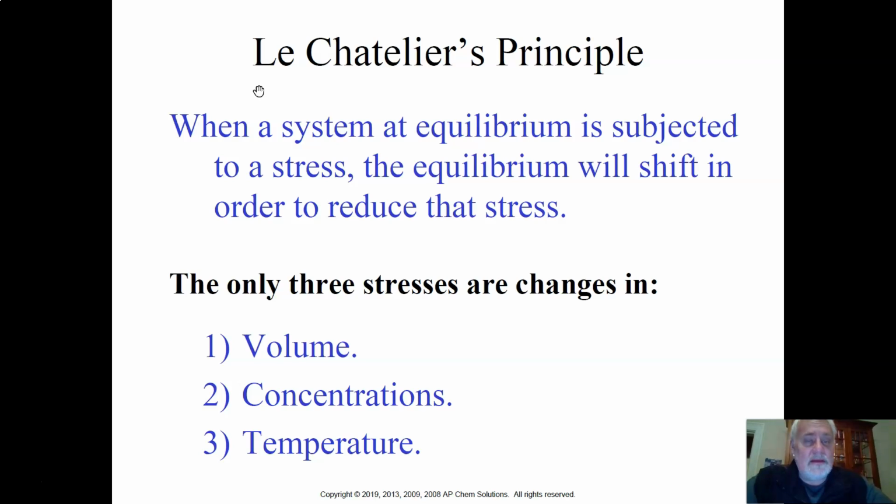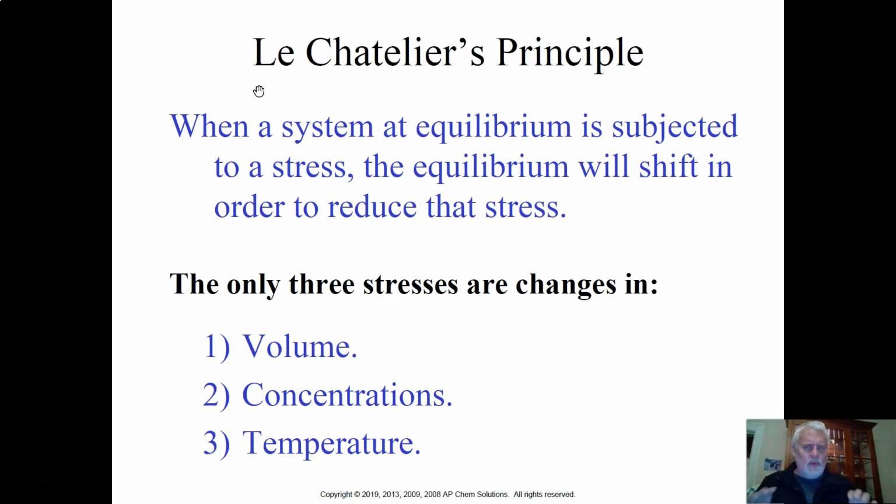That's his principle. You don't have to say the principle with the French accent. You can just say Le Châtelier, and it's his principle. And you can switch back into English. So, when a system at equilibrium is subjected to a stress, we add some products, we take away some stuff, we change the volume, we change the temperature.